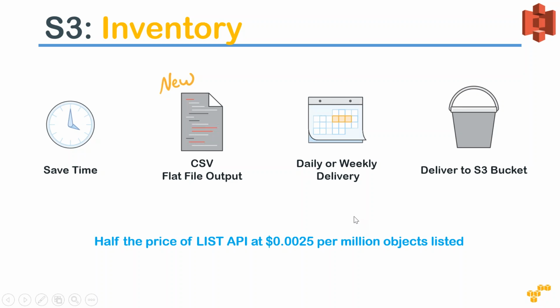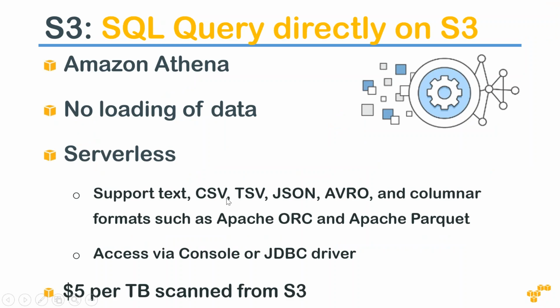So even for 10 million objects, that is going to be $2.50. It's pretty cheap and it is fast as well. So use the S3 inventory option to make a list of files, and it also gives metadata: the tags, the type of objects, size, and so on. Use this when you want to build a list or when your customer wants to build a list.